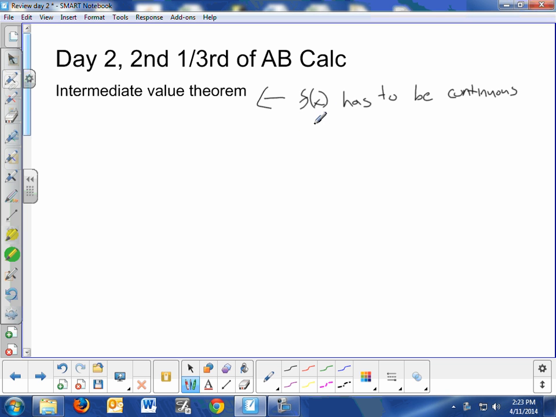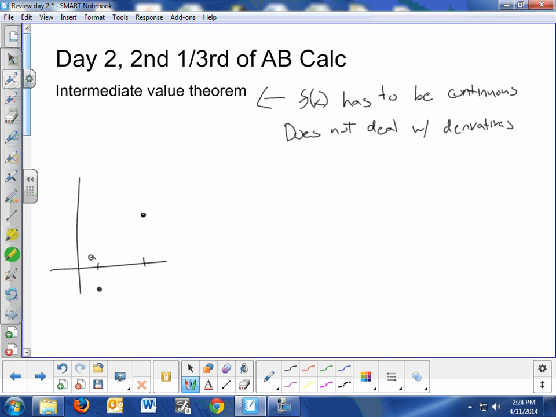The intermediate value theorem has nothing to do with derivatives. A typical graph will help you understand this theorem.